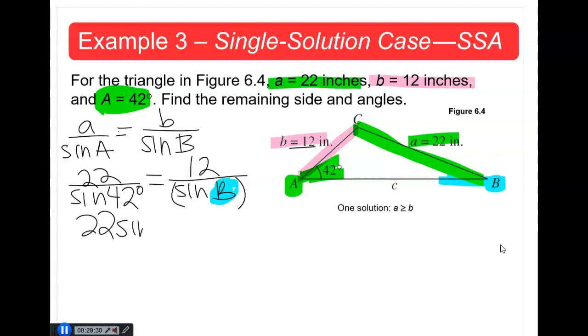So 22 times sine B divided by sine of 42. And on this side we have 12.